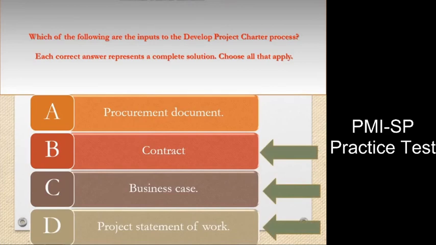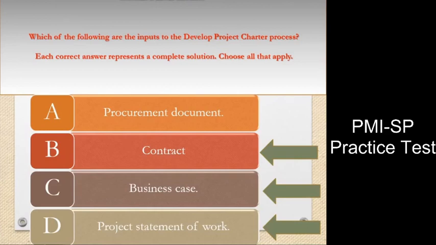Explanation: The Develop Project Charter process documents the formal authorization of a project or a phase. It also documents initial requirements that satisfy the stakeholders' needs and expectations. It is used to validate the decisions made during the previous iteration of the Develop Project Charter process.